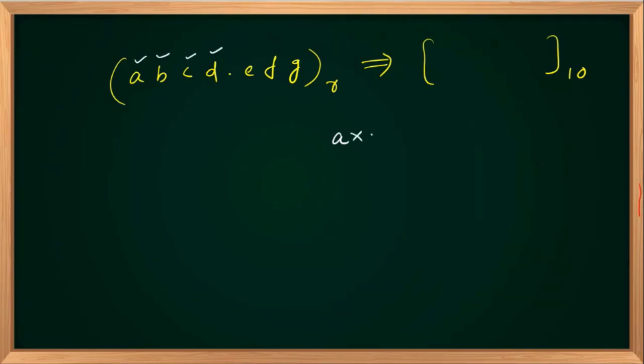So A multiplied by R power n minus 1, that is 3, plus B multiplied by R power 2, plus C multiplied by R power 1, plus D multiplied by R power 0.